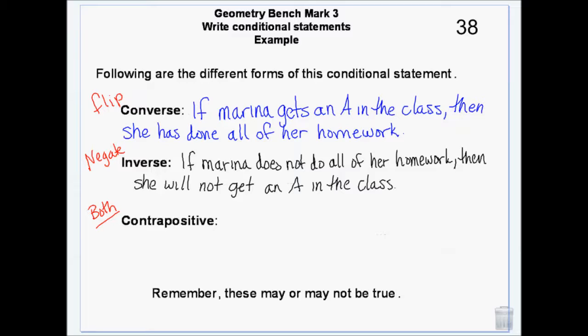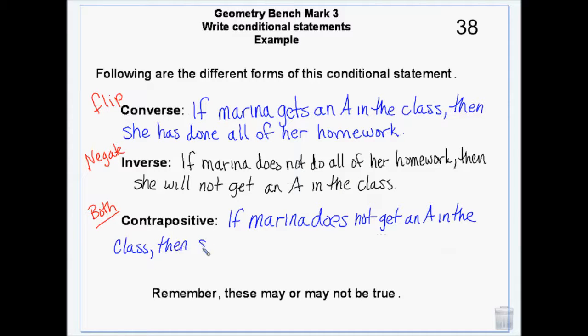And then the contrapositive is where you do both flip and negate. So if Marina does not get an A, then she did not do her homework.